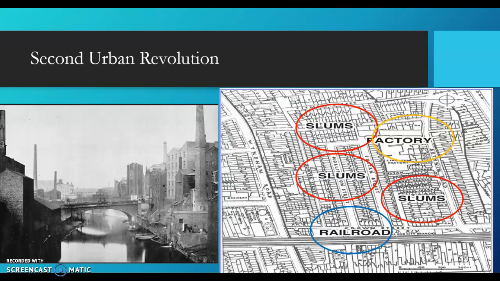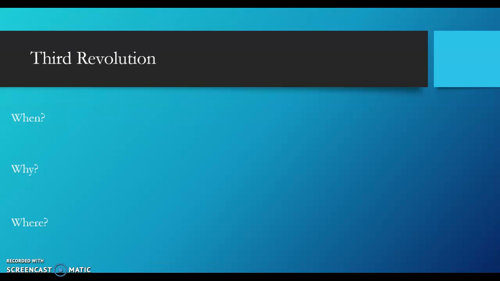Again, the second urban revolution was relatively short, especially considering the duration of our first revolution. But the introduction of mass production, working, living in congested downtown spaces was new, and it carried into our third revolution. Our third revolution picks up about 50 years ago, after 1970.